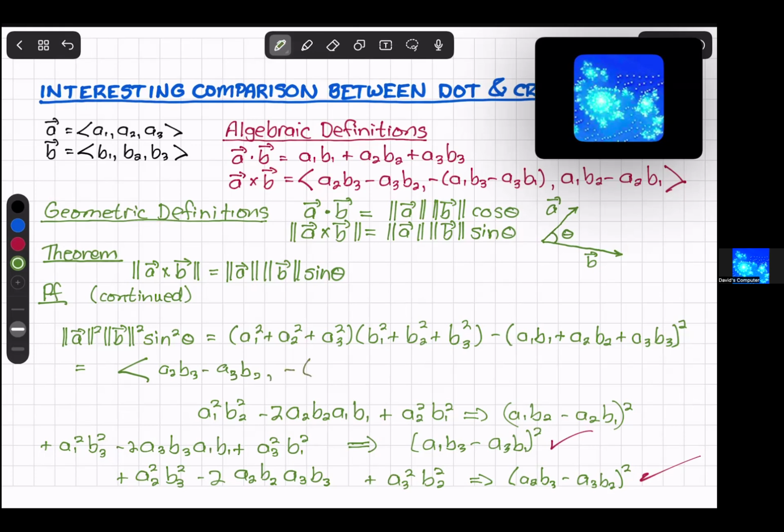I can introduce a minus sign, of A1 B3 minus A3 B1. And the third term is the square of A1 B2 minus A2 B1.